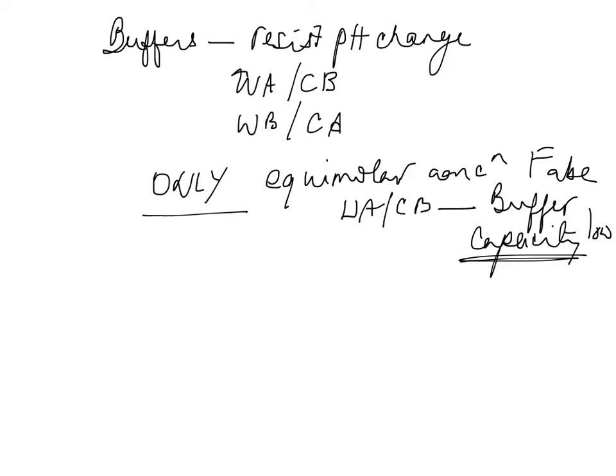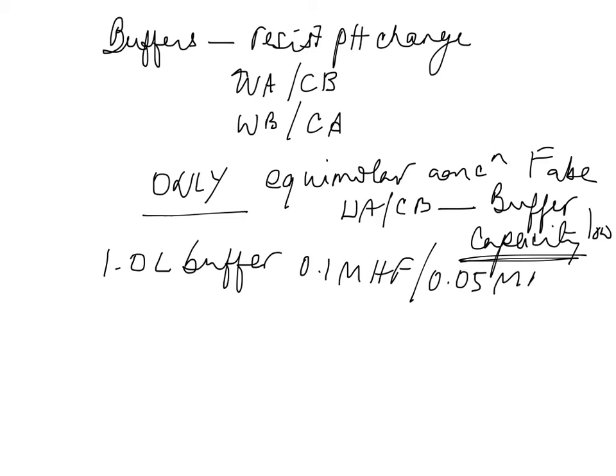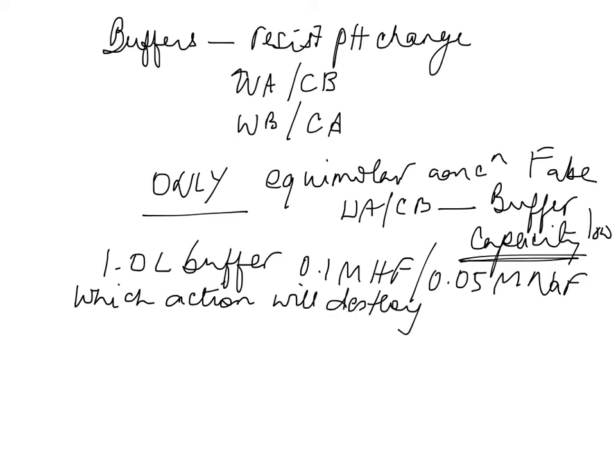And so let's quickly test ourselves if we can apply this concept to a question. The question is that you have a 1 liter buffer, which is 0.1 molar HF and 0.05 molar sodium fluoride. And the question is, which action will destroy the buffer?